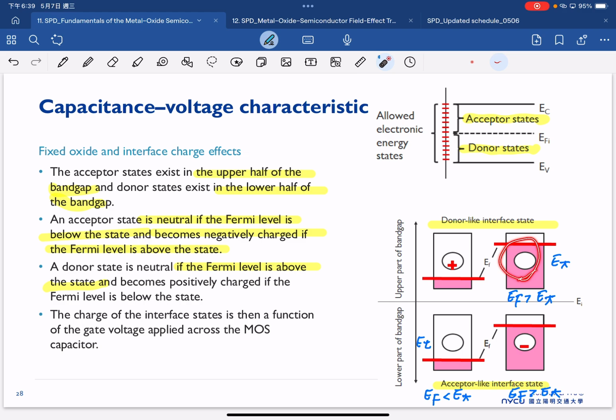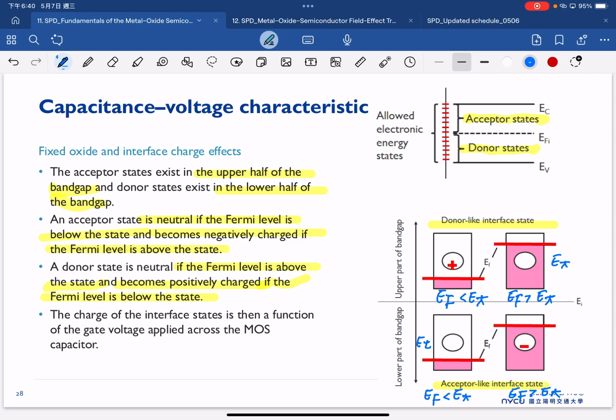But on the other hand, if the Fermi level is below the state, where our EF is smaller than ET, as shown in this graph, then the donor-like state will behave as a positive charge.